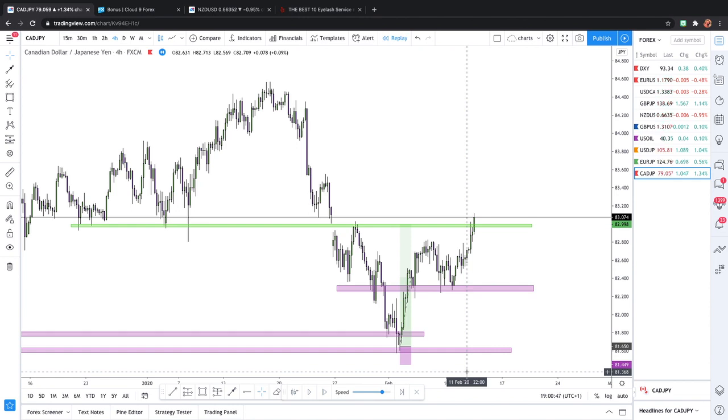Honestly, it will be really simple, and you're just repeating the same cycle over and over again. The most important thing about mastering 2 to 3 pairs is understanding when the move happens and what time and day it happens. In the course, I will go over time sessions and days and stuff like that. But that's why it's important to master a couple of pairs and not look at 1,000 pairs, or else you're all over the map.